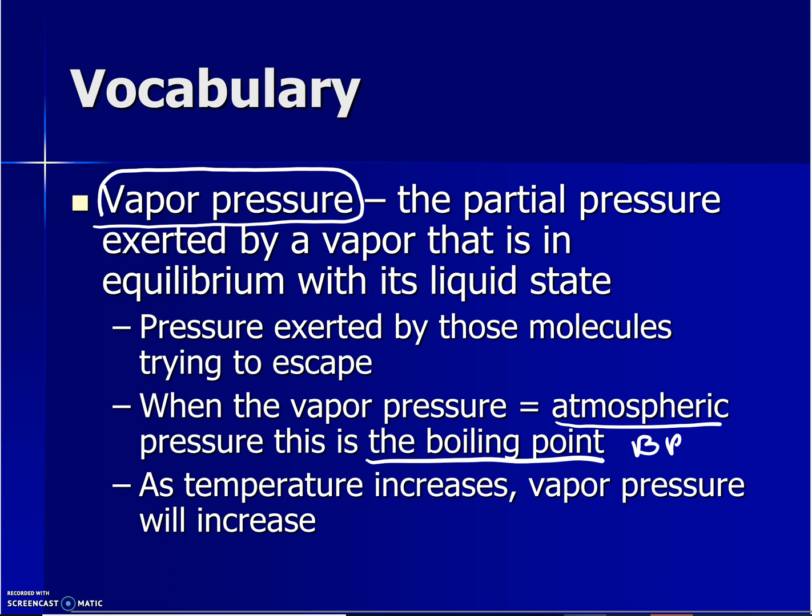And when you have the vapor pressure equal to the atmospheric pressure, or the pressure in the air around the liquid, this is where you're going to have the boiling point. And as temperature increases, vapor pressure will increase as well.